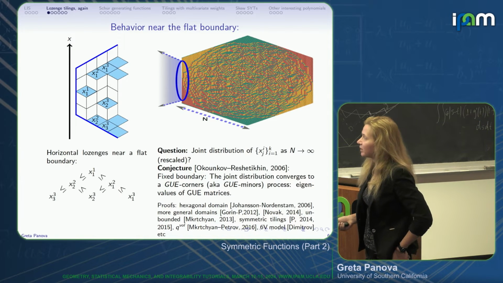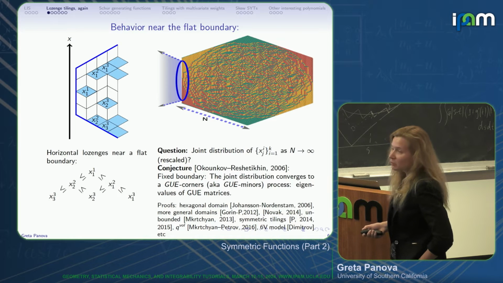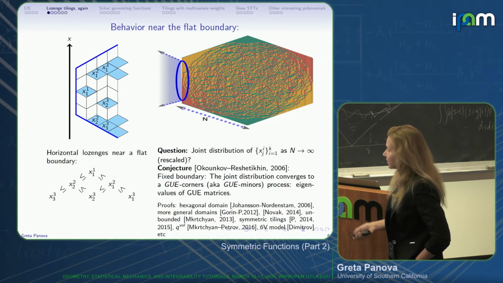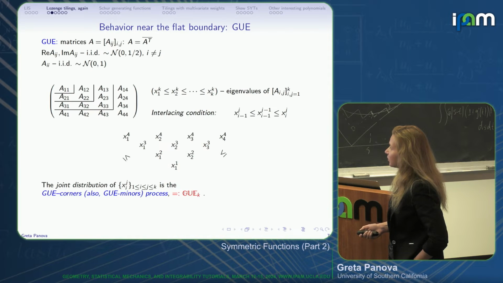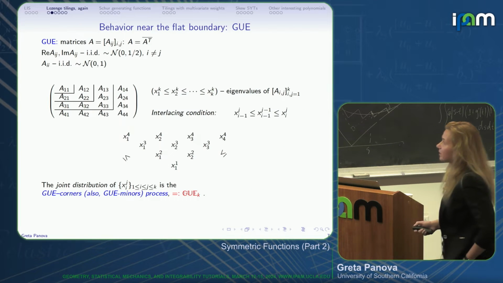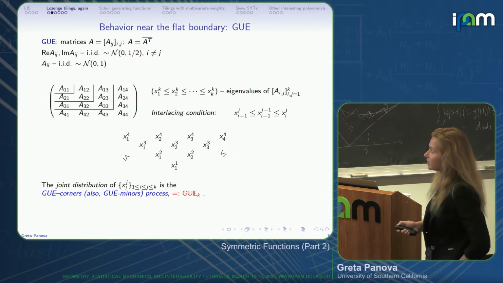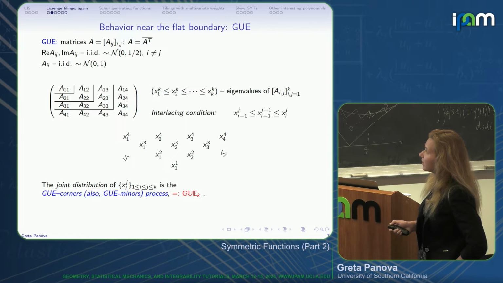So I will tell you one approach to this, and there are others, of course. But before we do that, let me define these random matrices. After all, there's a GUE, Gaussian unitary ensemble. These are Hermitian matrices, so the entries are complex numbers.